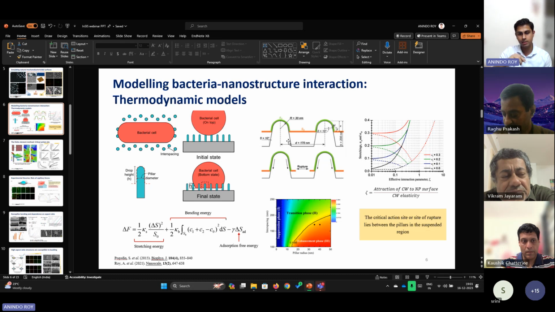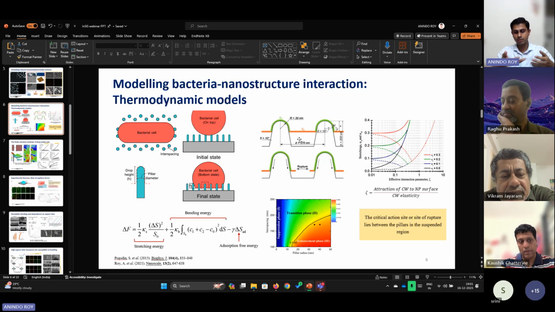Progressively, as this happens, this area will stretch to accommodate the increase in the total area here.